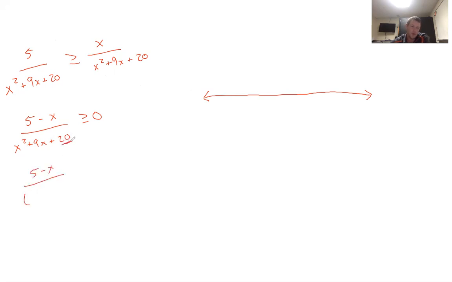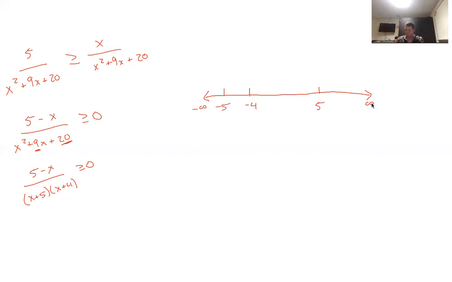Two numbers that multiply to 20 but add up to 9 are x plus 5 and x plus 4. So setting the bottom equal to 0 gives -5 and -4. And then the top, 5 minus x equal to 0, gives 5. And again, there's -infinity and infinity.